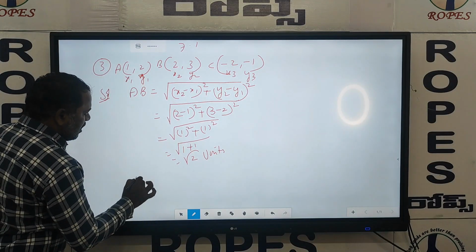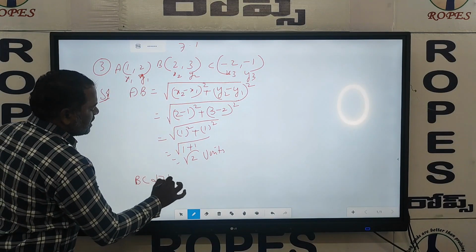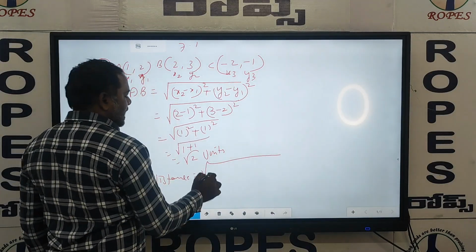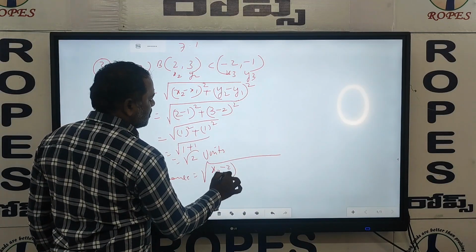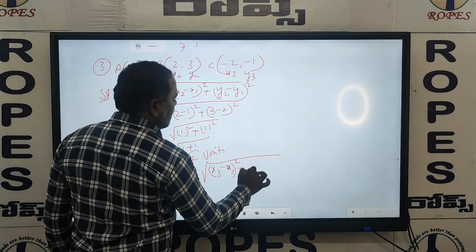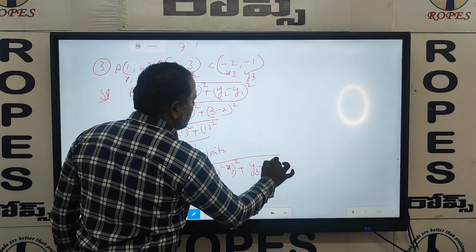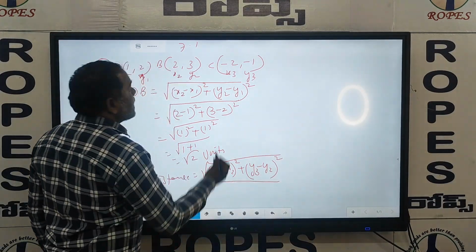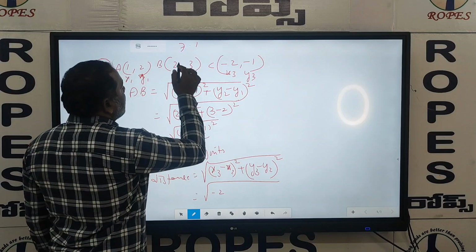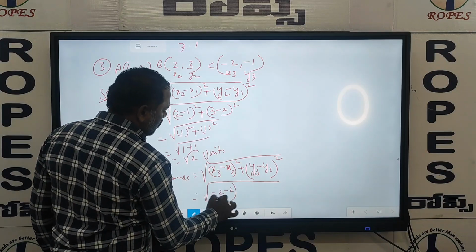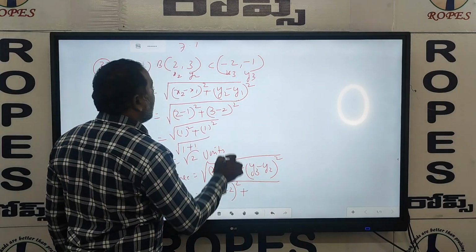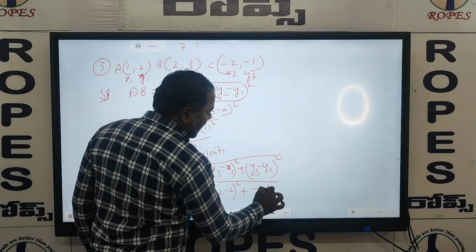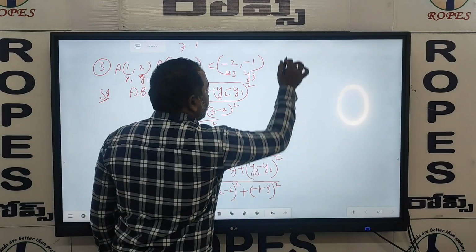Now the BC distance we have to find. BC distance is root of x3 minus x2 whole square plus y3 minus y2 whole square. Here x3 is minus 2 and x2 is 2, so minus 2 minus 2 whole square, plus y3 is minus 1 and y2 is 3, so minus 1 minus 3 whole square.